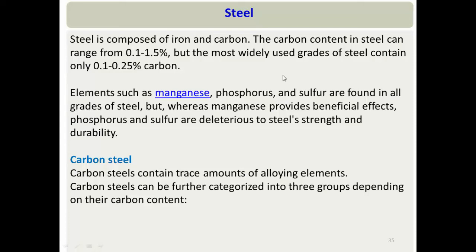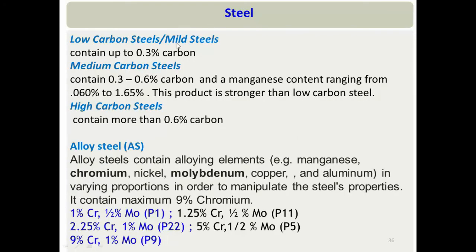Now, this steel can be of three types. One is called carbon steel, which usually contains very little of other alloying elements apart from iron and carbon. And carbon steel can also be of three types. One is called low carbon steel or mild steel, which contains carbon below 0.3%.